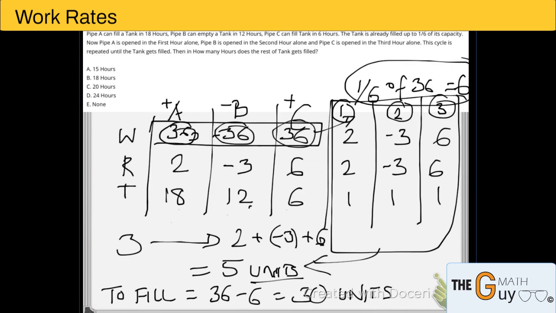This works because the work done is qualitative; they just say the tank is filled. We don't know the volume, so we can use a fictional number like 36 to represent the whole tank, and it works. That's what you have to do in most work rate time problems.